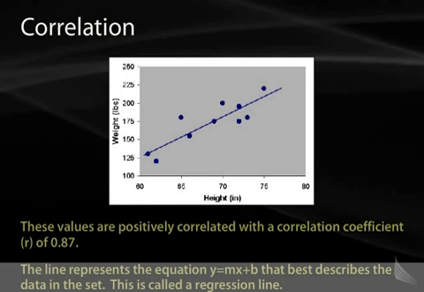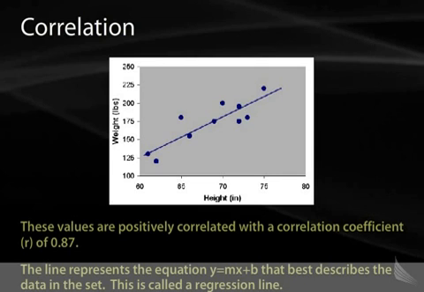The regression line has the format of y equals mx plus b, where x and y correspond to the variables on the x and y-axis respectively. M corresponds to the slope of the line, and b corresponds to the y-intercept. The line that is generated that corresponds to what we see here is known as the regression line.